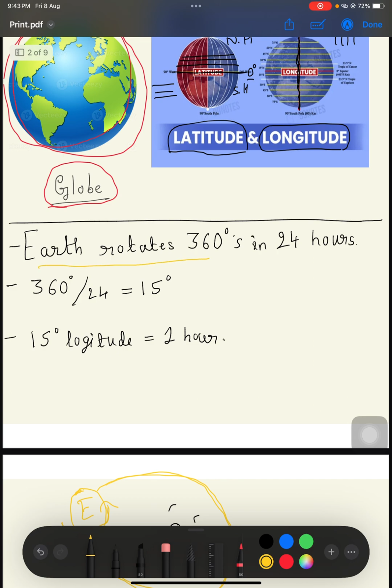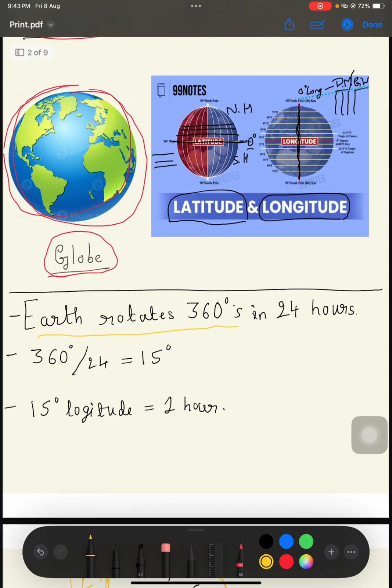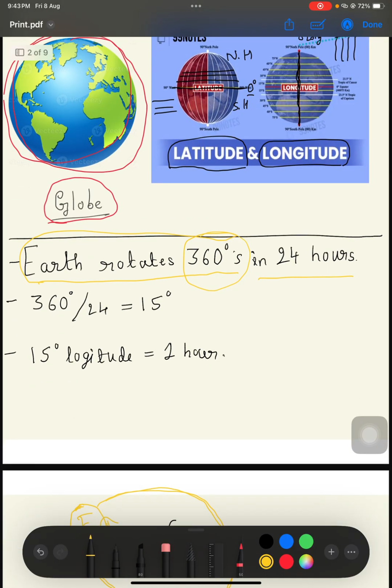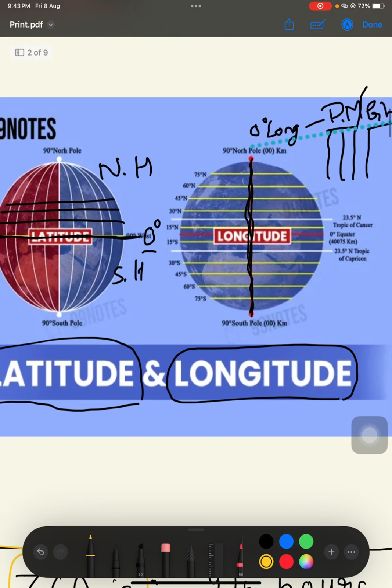Earth rotates 360 degrees in 24 hours. It means these are longitudinal lines, right? Like these lines, we have an eastern side also and a western side also.